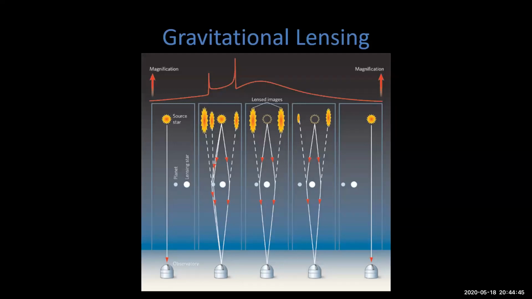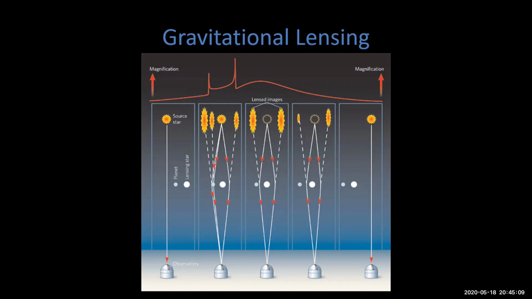The way it works is due to relativity and Einsteinian gravity. So the idea is that large objects bend space and time. And since they bend the direction and path that light travels, because they bend space and time, you get a lensing effect.